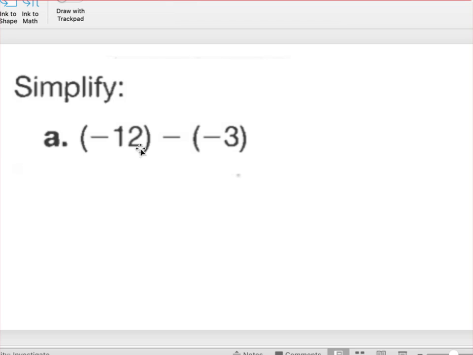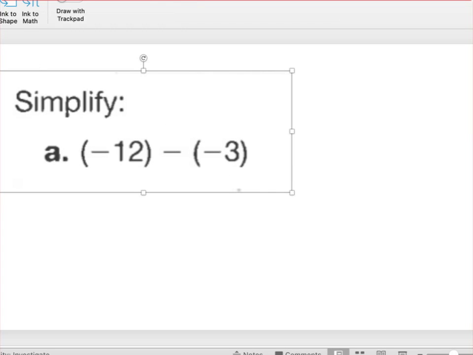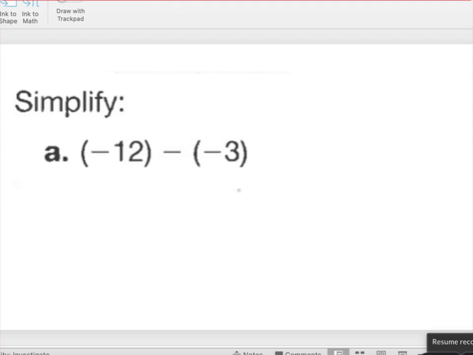So now we've got negative 12 minus negative 3. We're going to change this to addition of the opposite. So we change the subtraction to addition of the opposite.